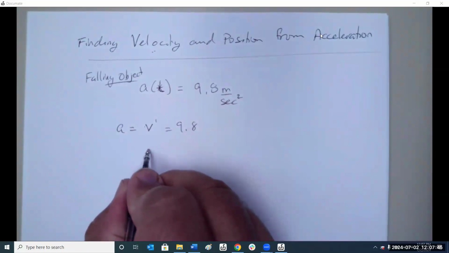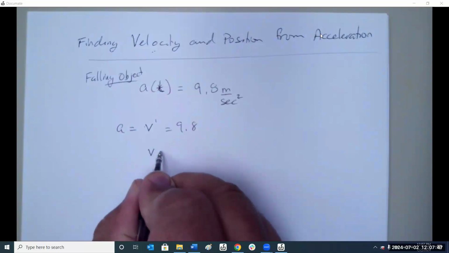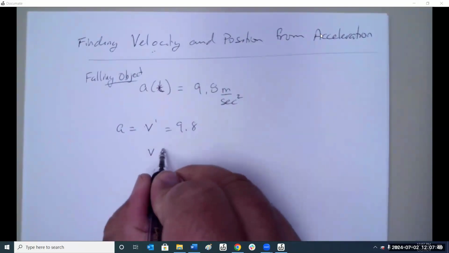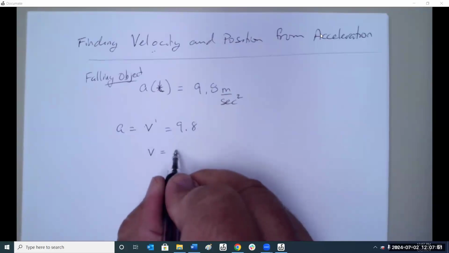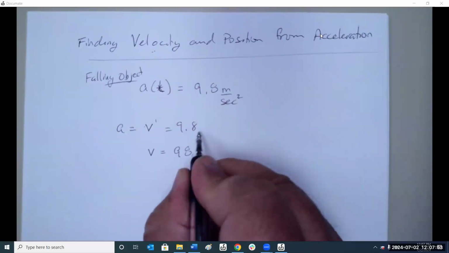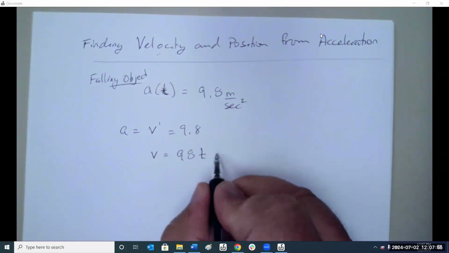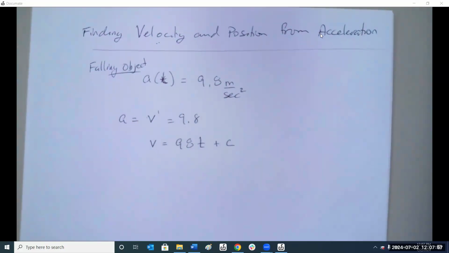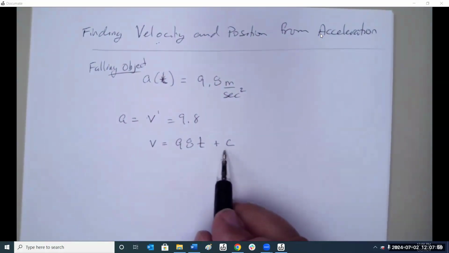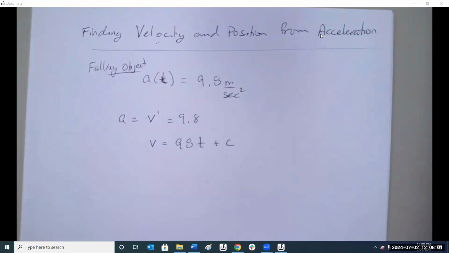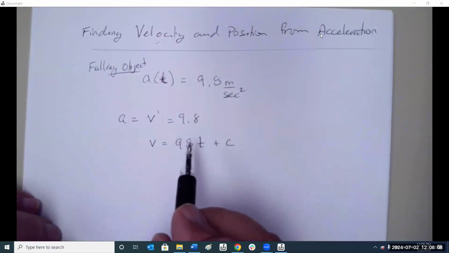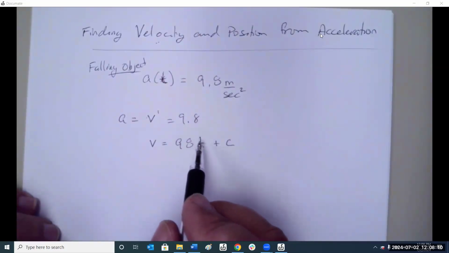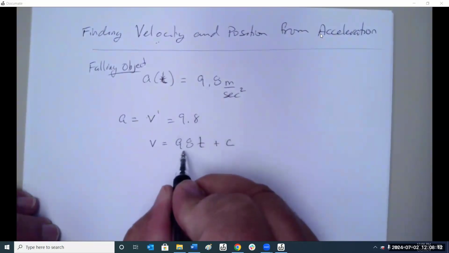So what velocity function would give us 9.8 t plus some value c? Why do we put a plus c in there? Because we don't know, there's always a constant in there. Why is it 9.8 t?